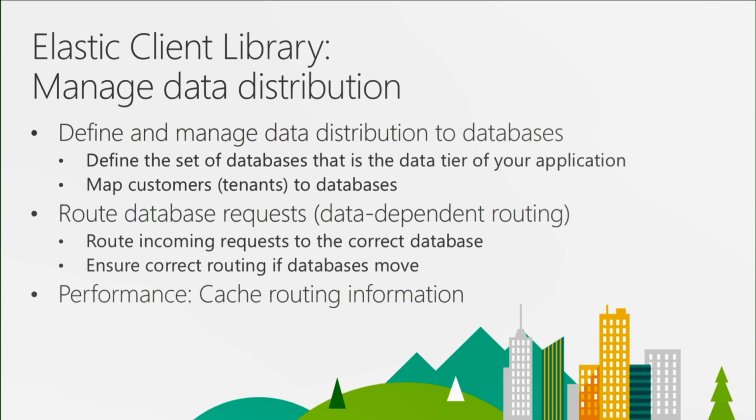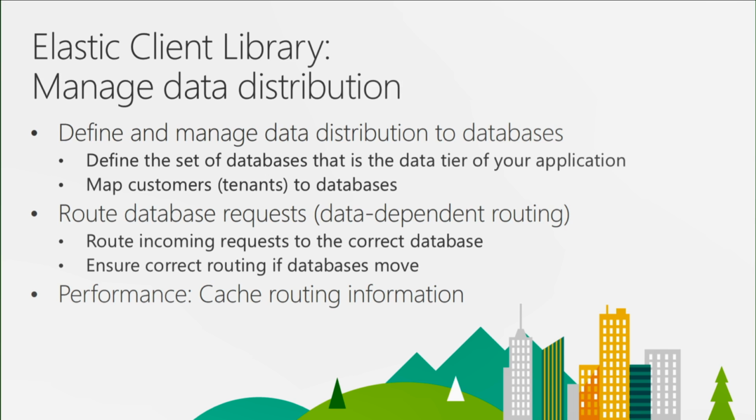And so here with the client library, while building your application, you can define a shard map manager, a catalog manager, register that new tenant into that map, and then when that tenant connects the first time, it'll need to go to the catalog to figure out which database to redirect to. But then we have a caching layer for performance. And so any subsequent connections during that session will automatically connect directly to that tenant's database without having to look up in the catalog.